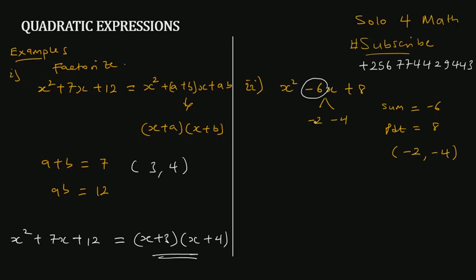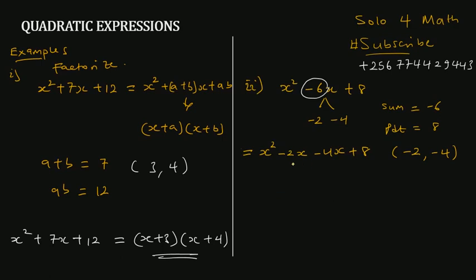So what we do here, we expand this. The x squared minus 6x plus 8 would be equal to x squared, and where there is -6, we put in this. So we take the -2 with x, then also the -4 with x, then leave the constant there.